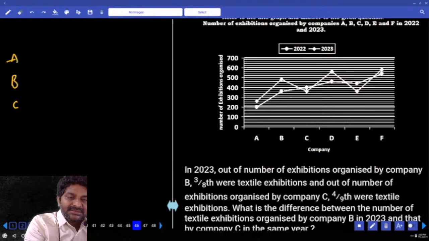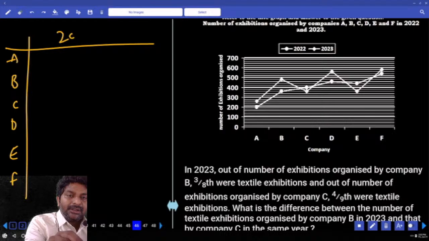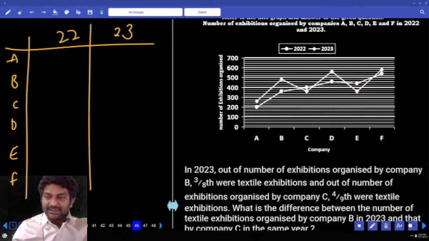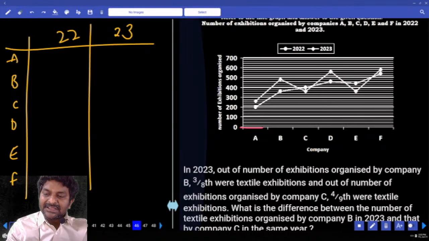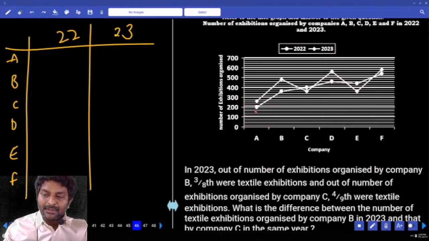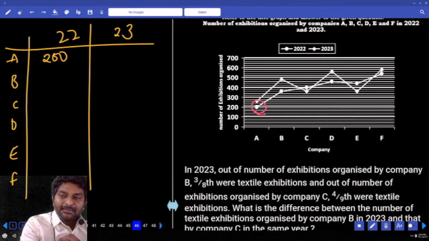First is the circle. 0, 100, 200, 300. 100 gaps, and 5 sublines, each line occupies 20. Start with the first circle, which is 200. Prepare the table, come on.